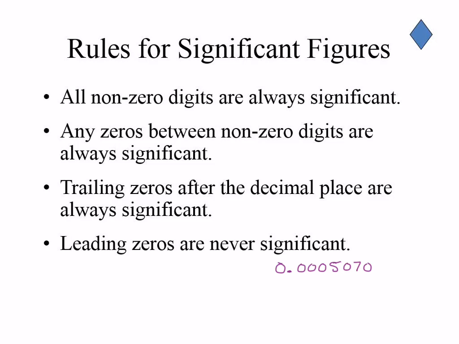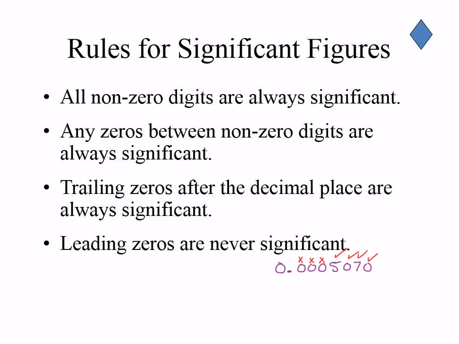So let's go back, applying the first rule, the 5 and the 7 are significant. Applying the second rule, that 0 between the 5 and the 7 is significant. Applying the next rule, that trailing 0 after the 7 is significant. Applying this rule, here we go, X's, X's, X's.